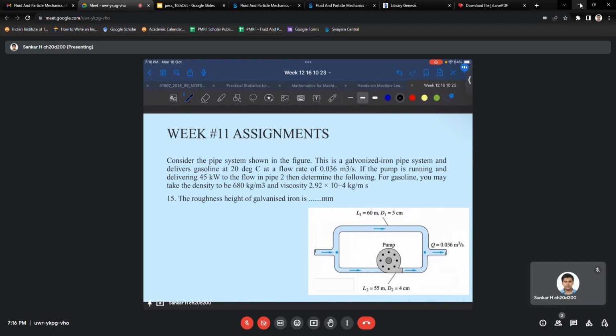First, we have to find the roughness height of galvanized iron, and this is done by going to Frank M. White's Fluid Mechanics book, published by McGraw-Hill.